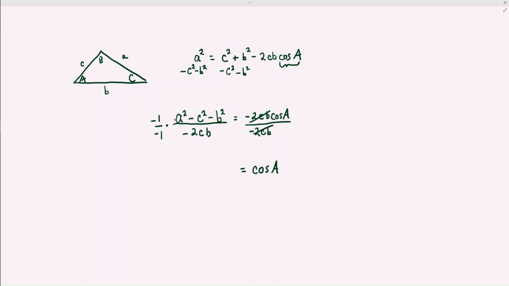Okay, so if I distribute this to all these, I would get c squared plus b squared minus a squared, and that allows me to make this 2cb down here. Okay, so if we're looking at A, this pattern is just going to transfer to each of the pairs of angles and lengths.